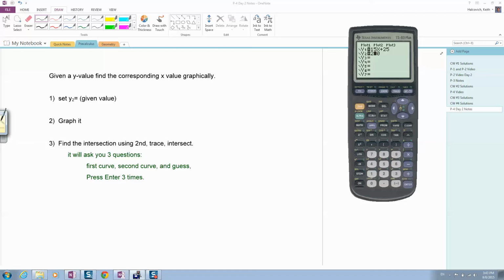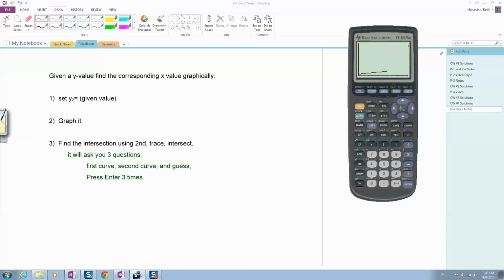So then we graph it. That's the second step. And we're going to look for an intersection. So notice it doesn't intersect here, so let's make the y sub 2 a little smaller. Let's make the y sub 2 25. Actually, we'll make it 55.